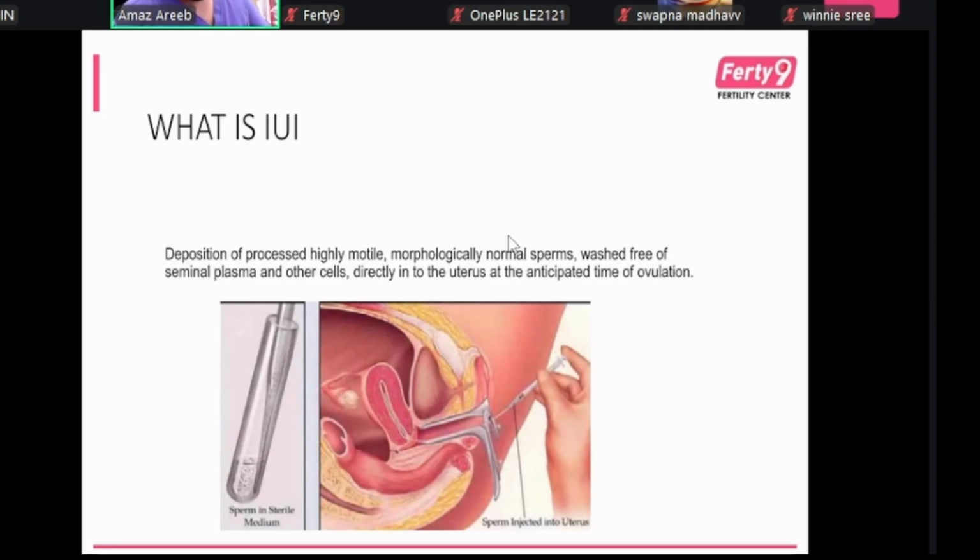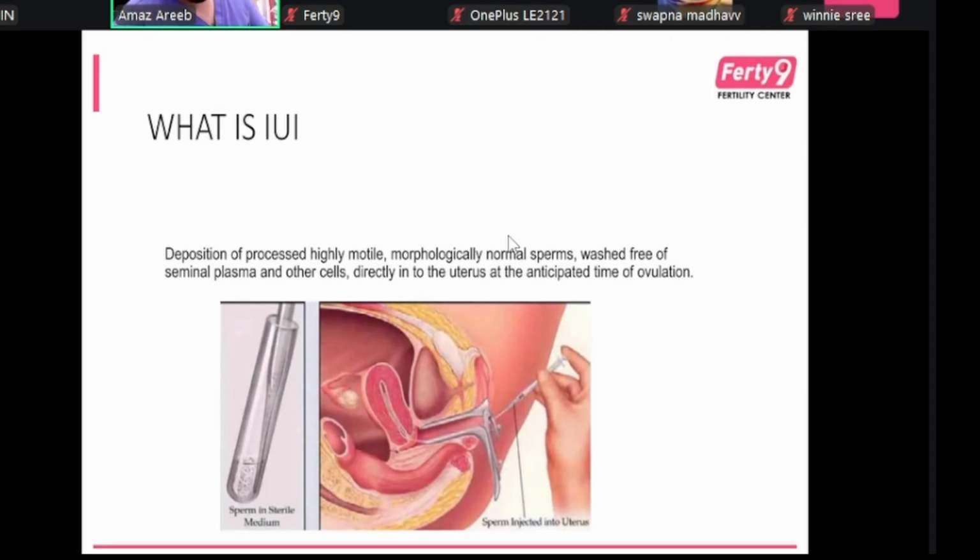So we are having two or three types of processing. One is density gradient, where we layer the density gradient media, and above that we layer our semen sample and process it by centrifugation at a speed of 1200 RPM for 12 minutes, and then we wash with a buffer.